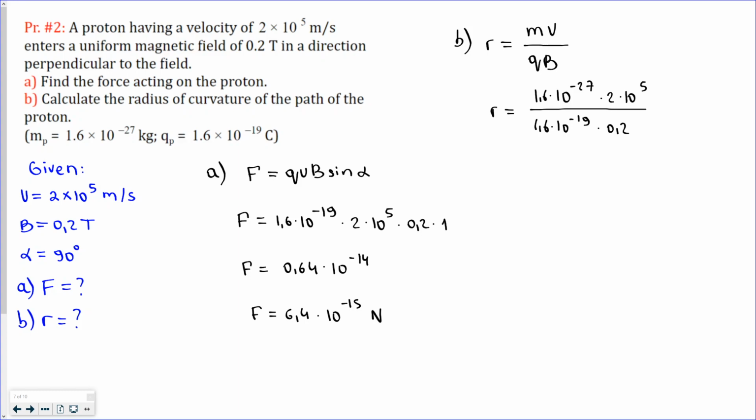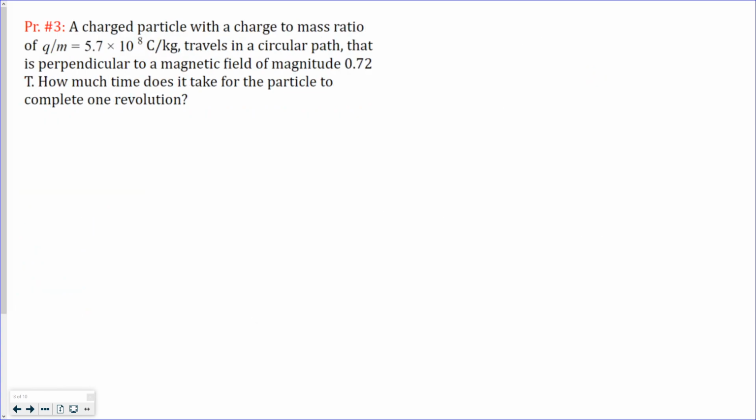So 1.6 will be cancelled. We have 10 to the minus 8 here, and 0.2 will give 10 to the minus 7 plus 5 times 10 to the minus 2. So the radius is 10 to the minus 2, or 0.01 meters, 1 centimeter. So this is the answer for the second problem, and now we solve the third problem.